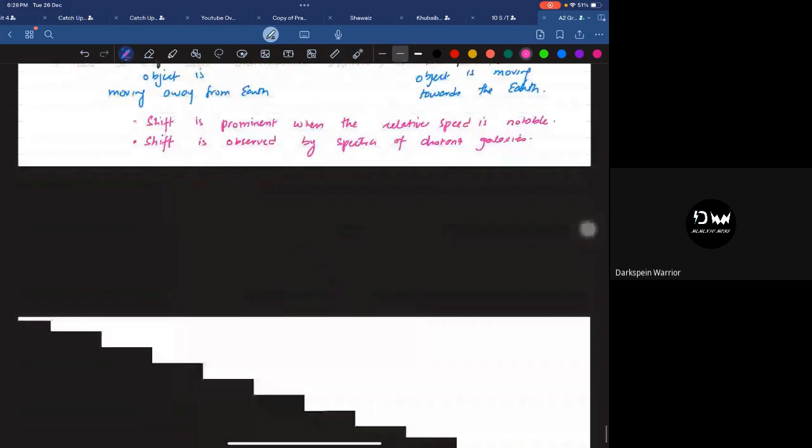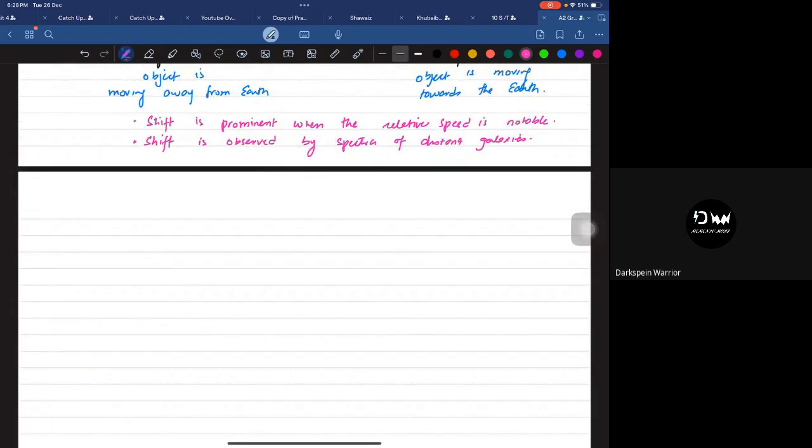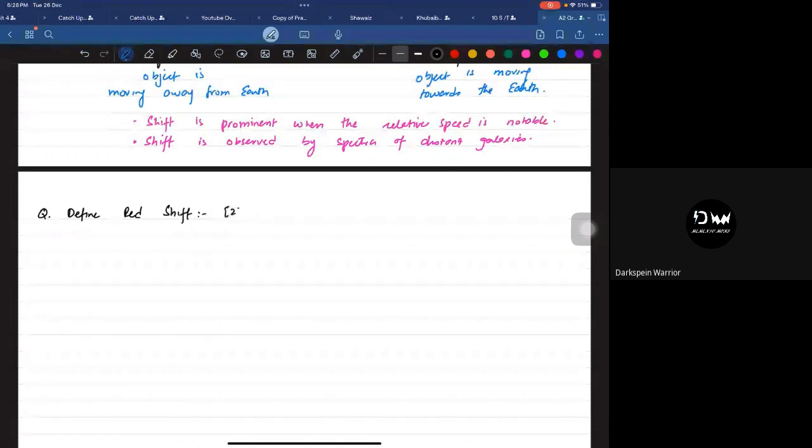Okay. Now, kids, going to the next. If you guys have any questions in this, please let me know. Now, specifically, they will ask you about the definition of redshift. This will be a 2-mark definition.